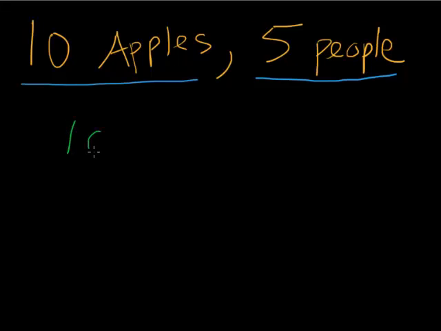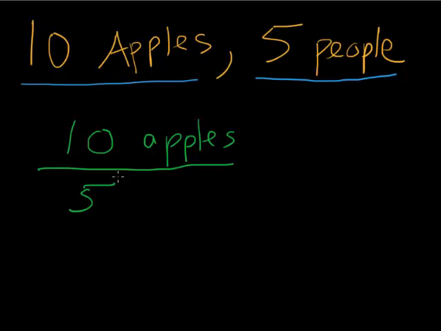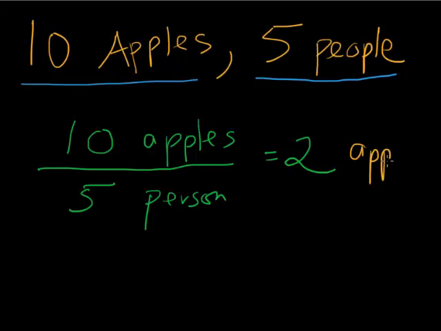So 10 apples divided by 5 people, and we know 10 divided by 5 is equal to 2. And we put in the right units, which really helps us check our answer: 2 apples per person.